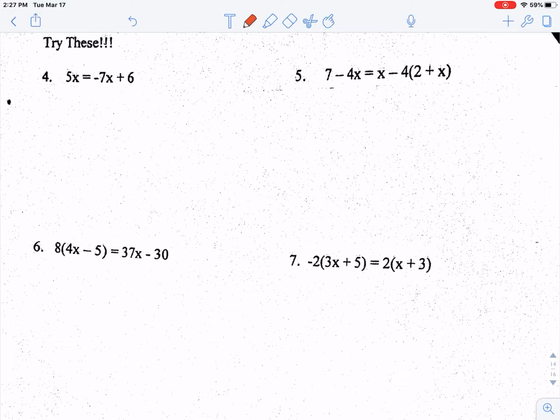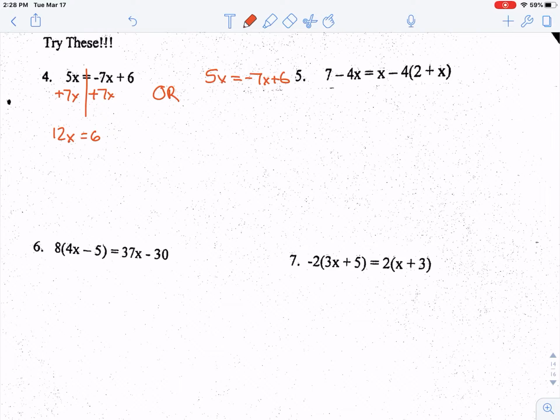So for number 4, we have 5x is equal to 7x plus 6. So again, we have 2 options. We could either add 7x on both sides, which is what I recommend you do, and we would get 12x is equal to 6. Or over here, I'll just rewrite it so we can see the other way as well.